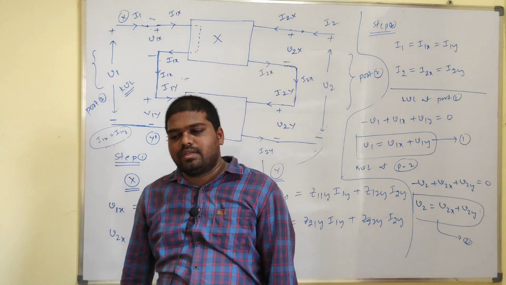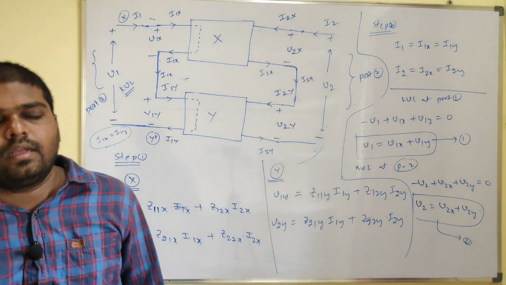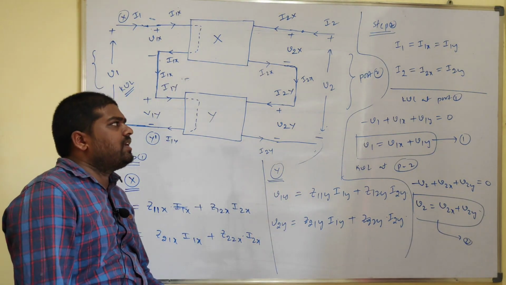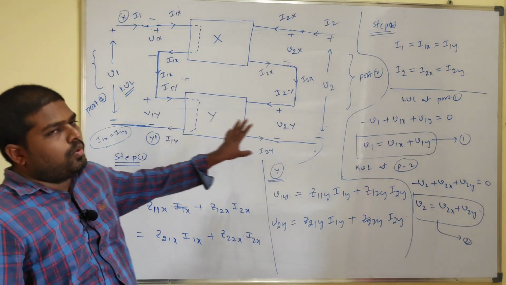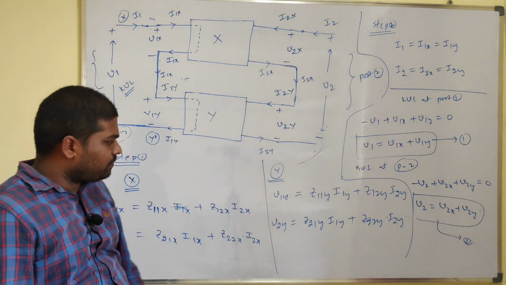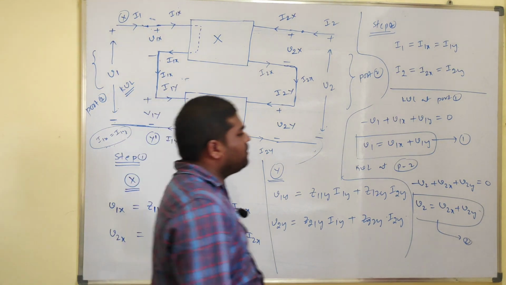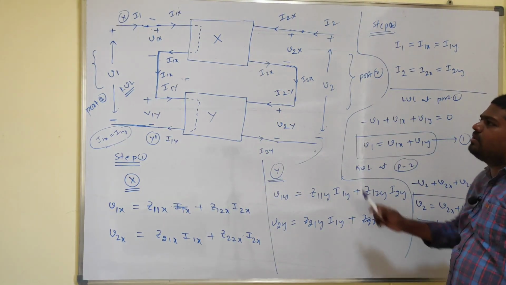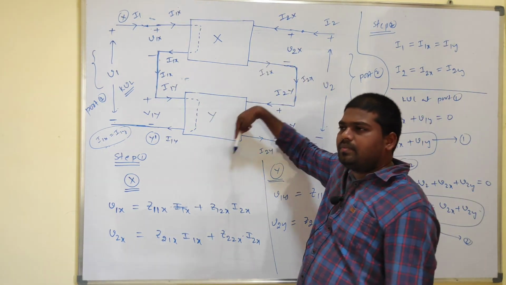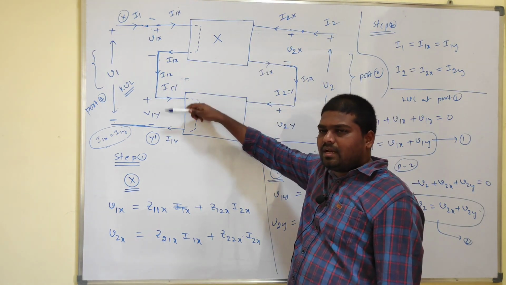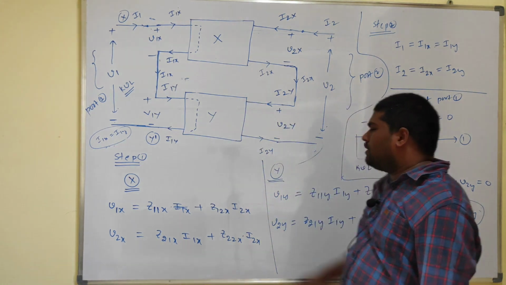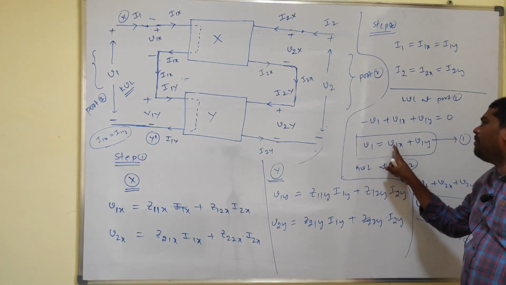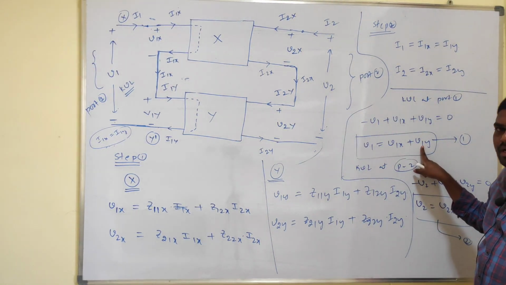These are the observations. In step 2, you have to write only the observations from port 1 and port 2. Now observe these two equations: V1 and V2 are the variables for this entire series interconnection of the two-port network. V1 involves V1x as well as V1y.